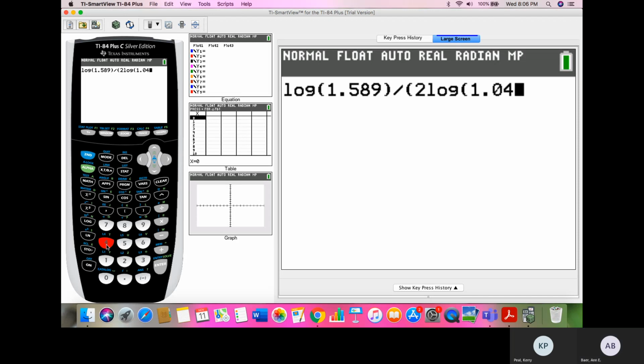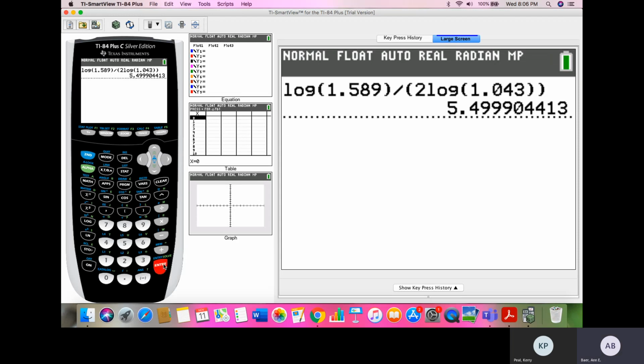Now I want to close off the argument, and I want to have another parenthesis that goes with this one that we opened with, so I've got to put another closing parenthesis.